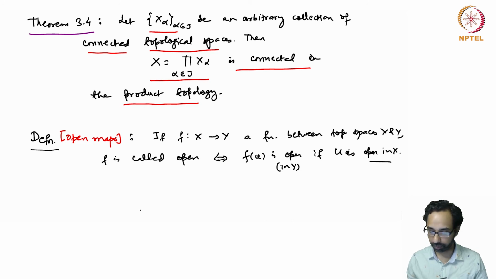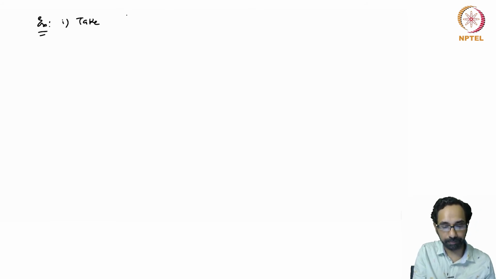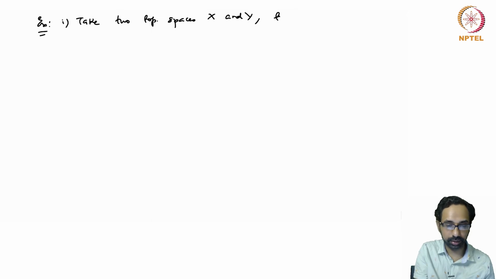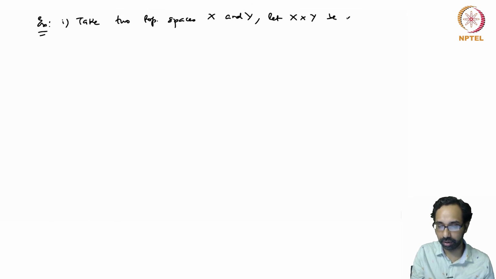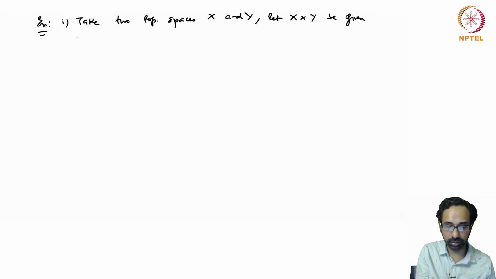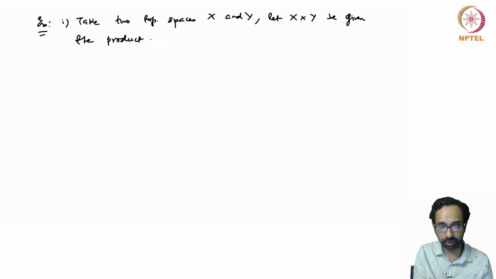Now let us see an example of such a map. Take two topological spaces X and Y, and let X cross Y be given the product topology, because this is a finite Cartesian product.